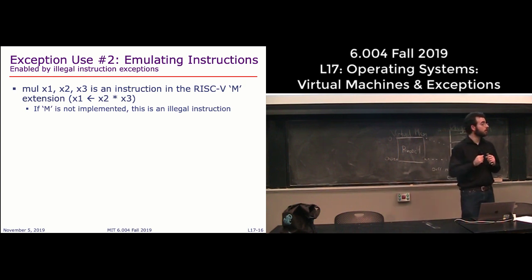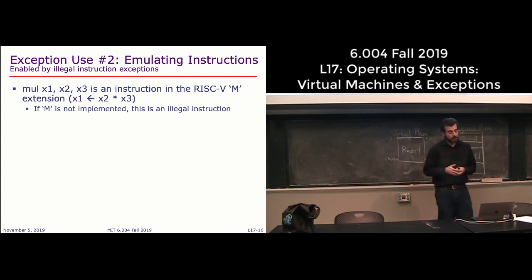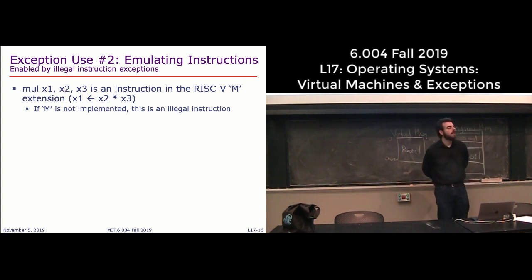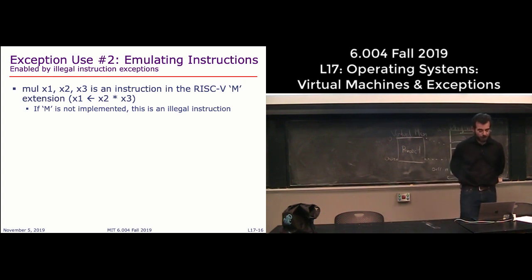And one instruction that we do not have, but there's an extension called the M extension of RISC-V, that extension introduces this multiply operation. M stands for multiply, and multiply essentially just multiplies x2 times x3, multiplies the contents of both registers, and then stores the result in some other register. But because our ALU doesn't have a multiplier, we don't have that implemented.